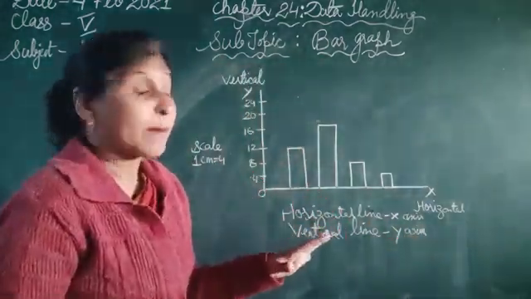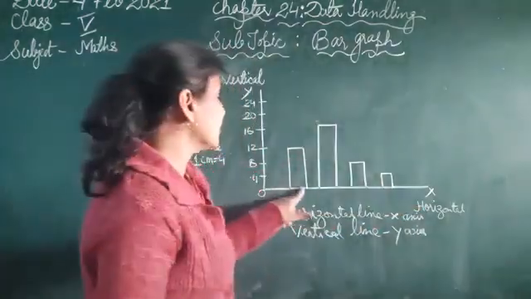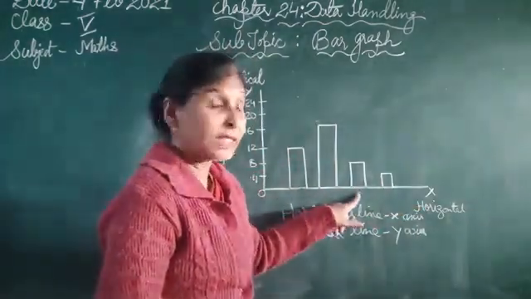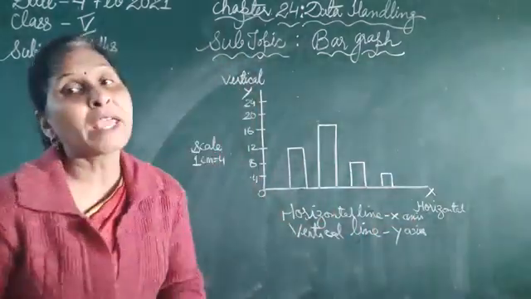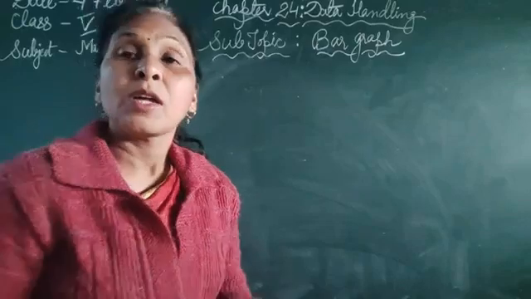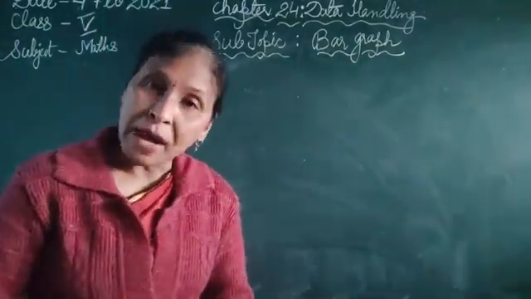You should remember that this horizontal line is the x-axis and this is the vertical line. This is the y-axis. These are all about the bar graph.